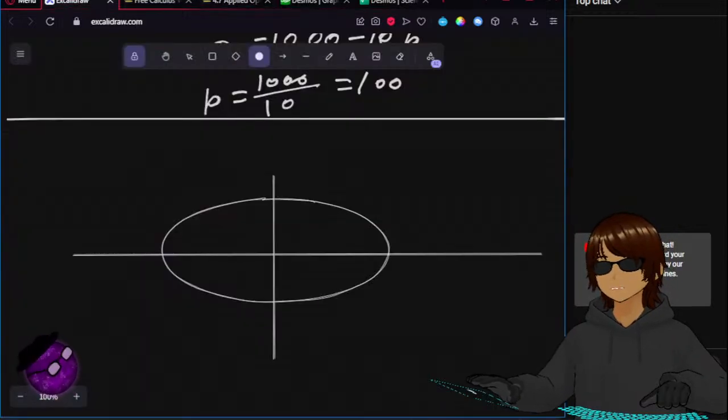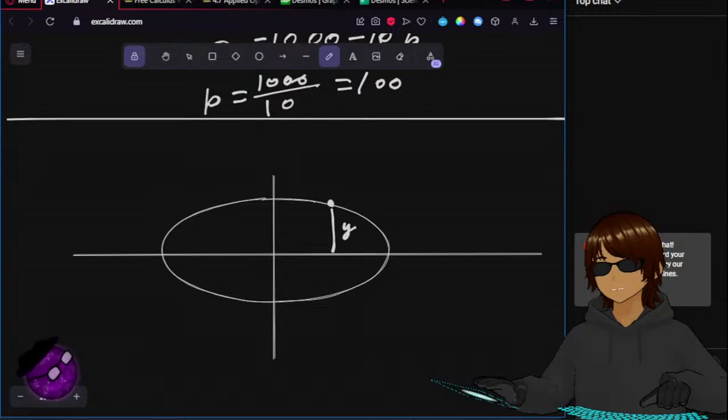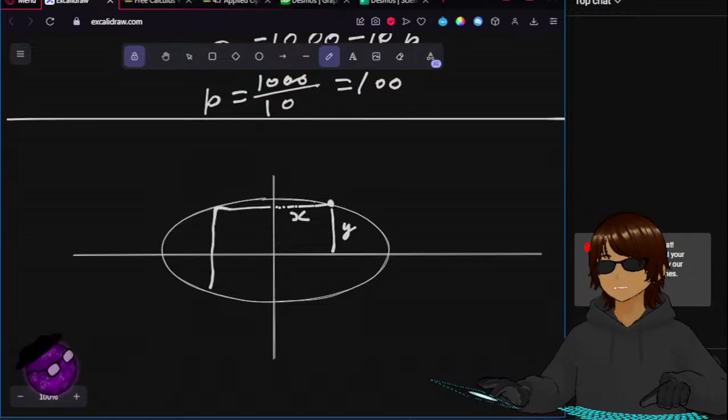It's defined with an xy point. Area would be, so this is y, this would be x. The rectangle would be x with this, this, and this.